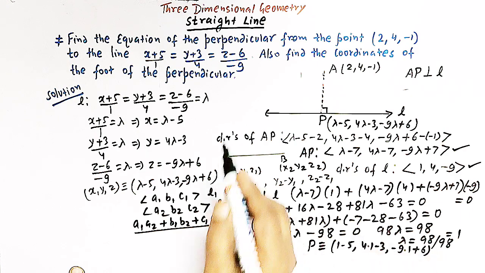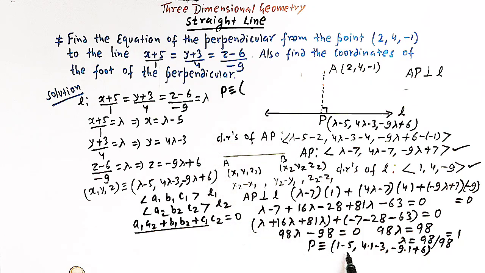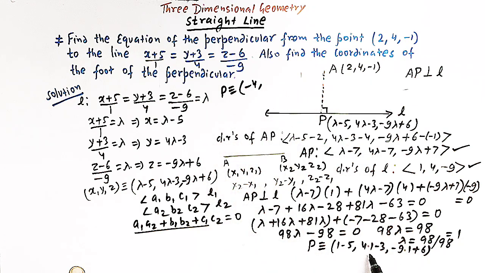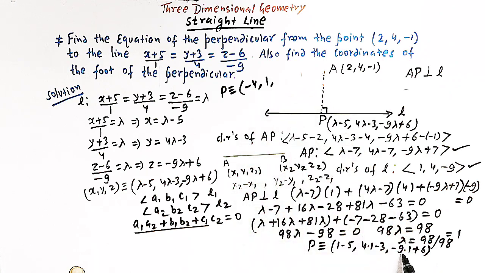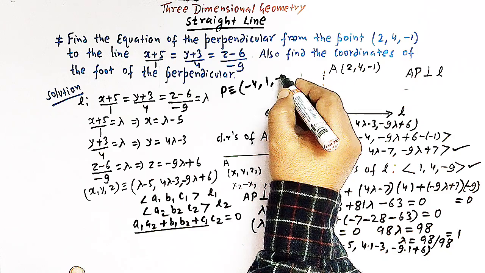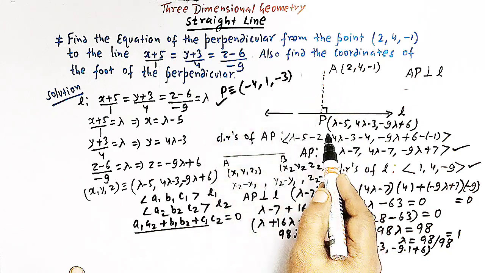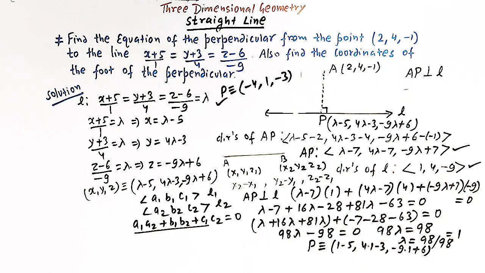So we can now write the coordinates of point P as 1 minus 5 is minus 4, then this is 4 minus 3, that is 1, and minus 9 plus 6 is minus 3. So these are the coordinates of the foot of the perpendicular, that is the point P.